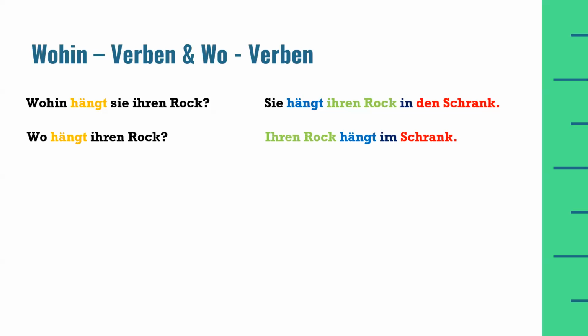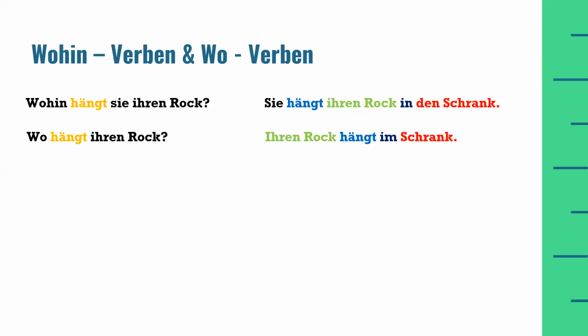Wo hängt ihren Rock? Where does her skirt hang? Now, in this sentence, it is interesting that we can use the verb hängen in both situations. In the earlier examples, we had a different verb. When we had a movement, then we had to use a different verb. And if there was no movement, then we had to use a different verb.